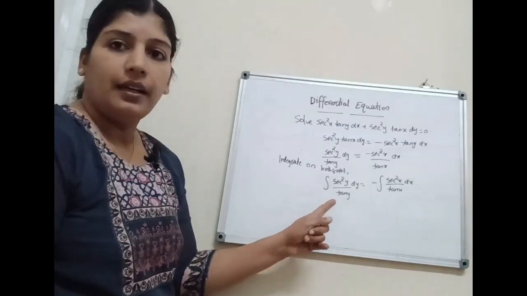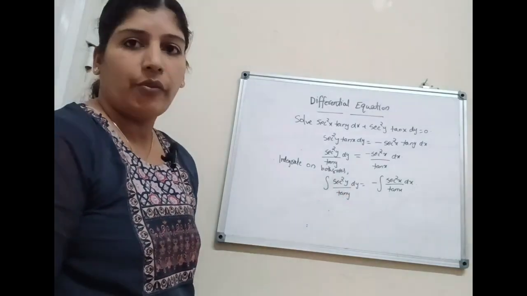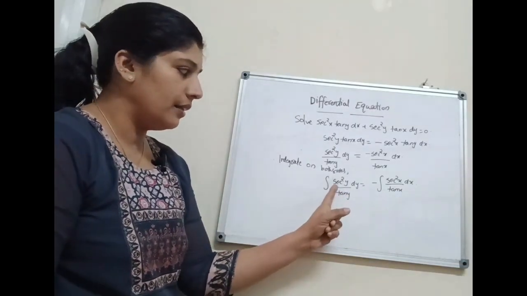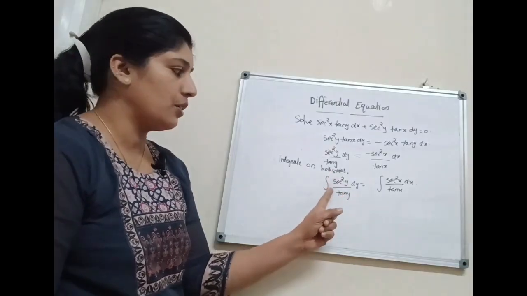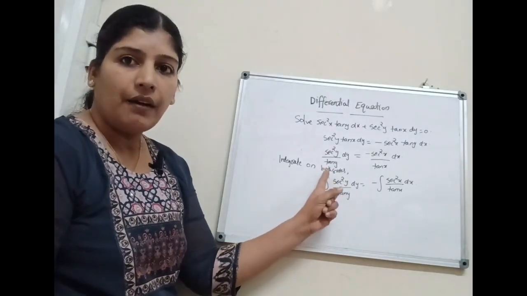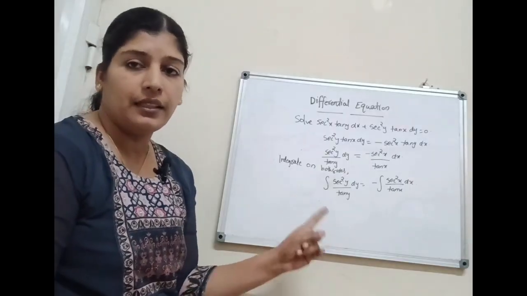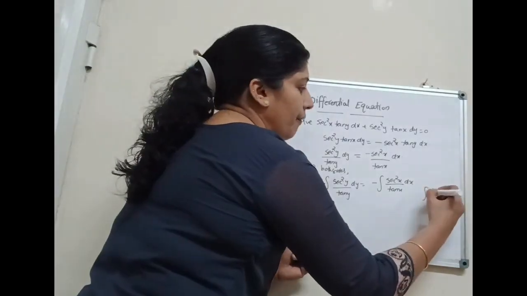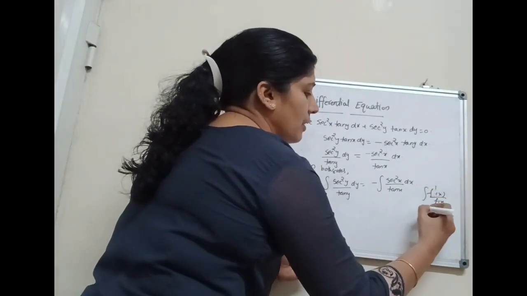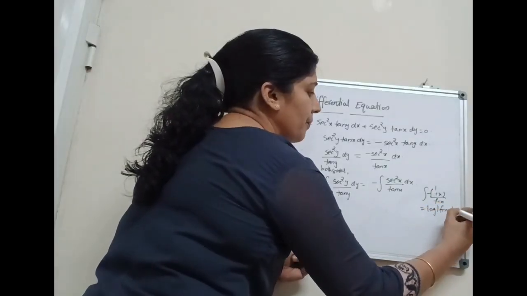Then dy of tan y is sec square y. That is, here the function is of the form what? F dash of x by f of x dx. Therefore, the value will be log of f of x. We know that integral f dash of x by f of x is log of f of x plus c.